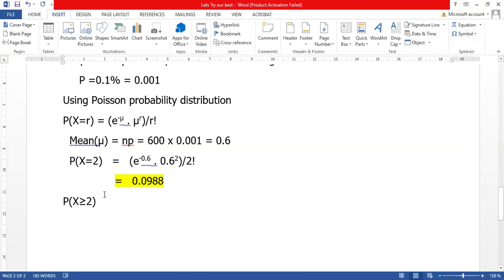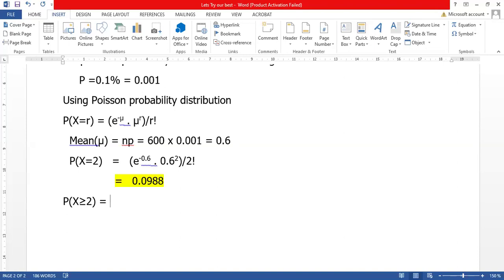If they say the probability of at least 2 students accessing the students' loan, you get the probability of less than 2, which is 0 and 1, and then add them.